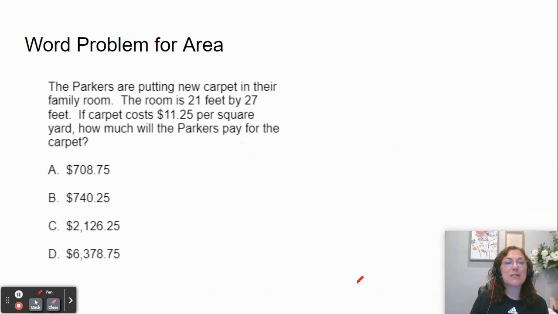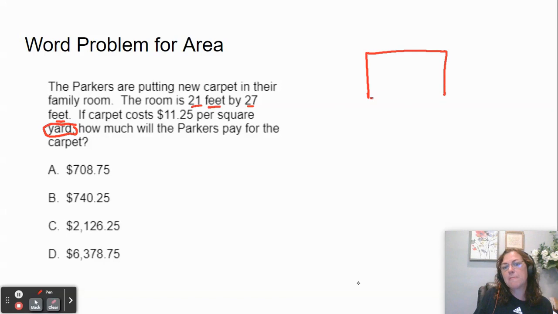Let's take a look at one more example for area here. The Parkers are putting in new carpet this time in their family room, and the room is 21 feet by 27 feet. If the carpet costs $11.25 per square yard, how much will the Parkers pay for the carpet? I'm going to draw a quick picture, like we had for the last problem.